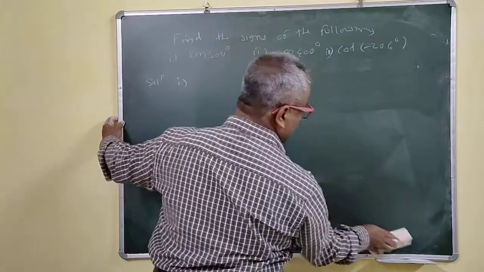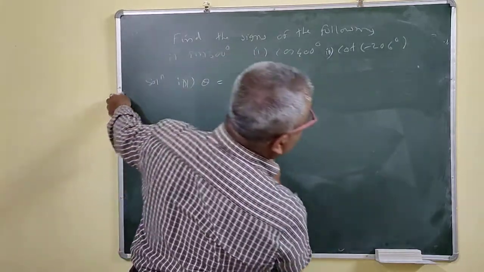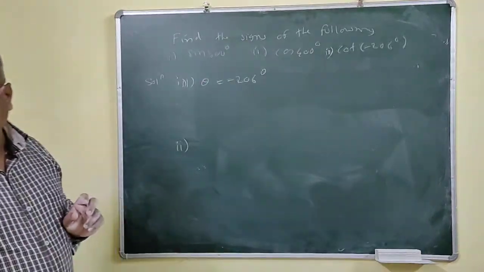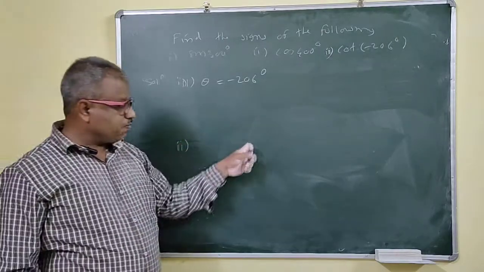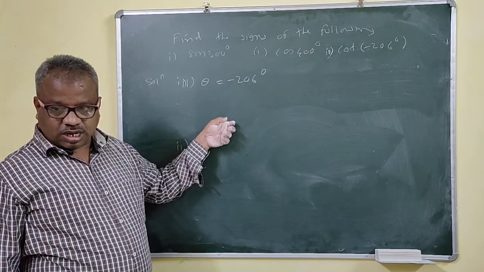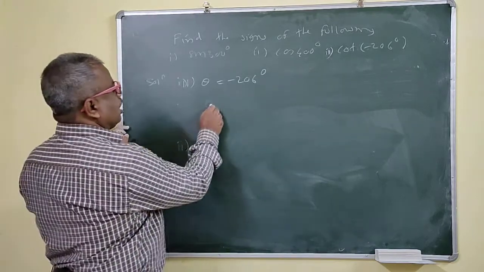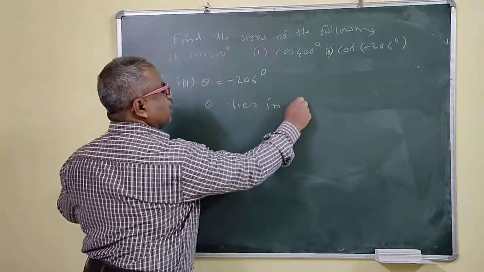Now, the third one, theta is equal to minus 206 degree. You have to take the rotation now. This is pi, then 180, then 206. That means it is in the second quadrant. So theta lies in the second quadrant.